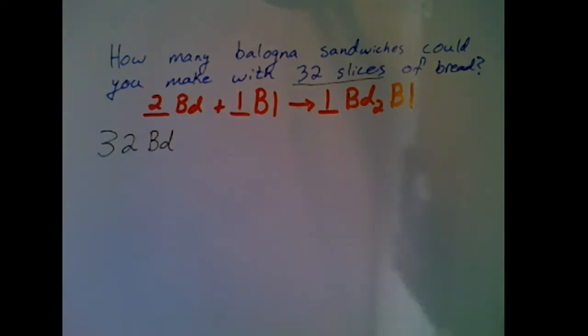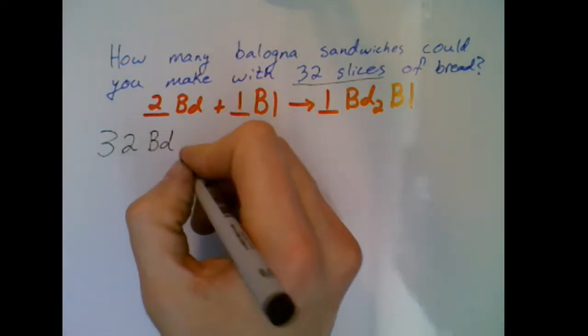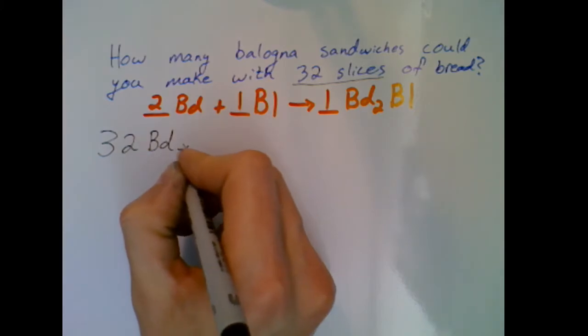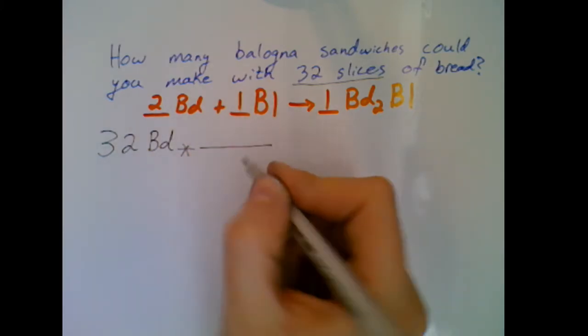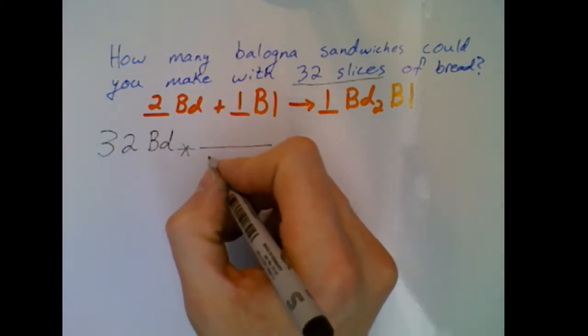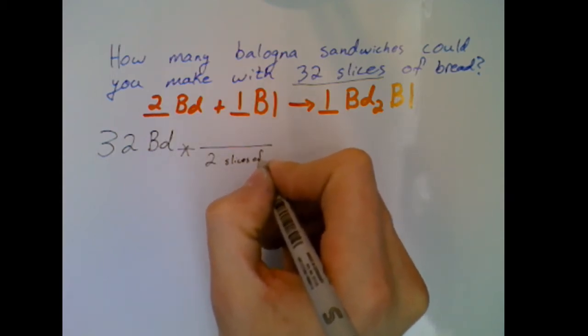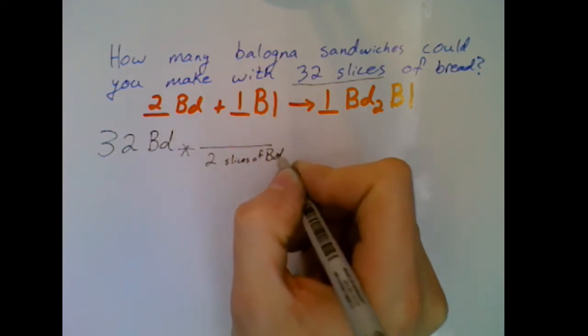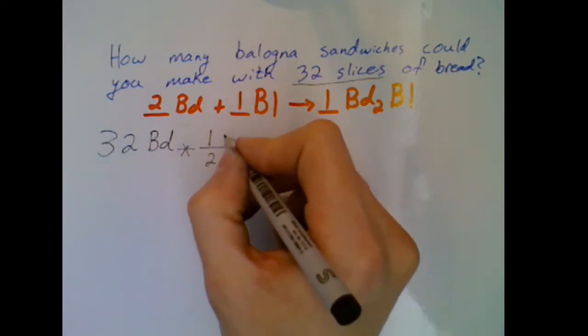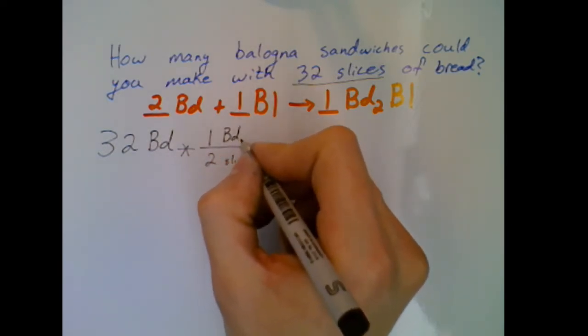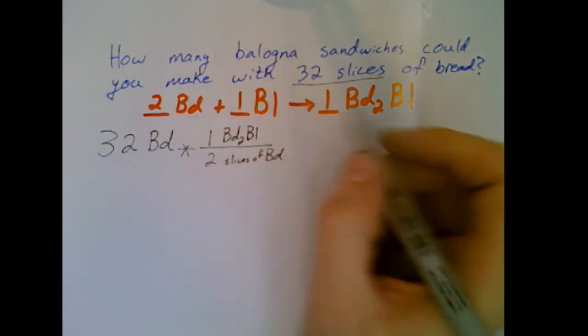Now, hopefully you already knew that, but I can use that relationship to create a ratio to say that for every 2 slices of bread, I will make 1 sandwich.